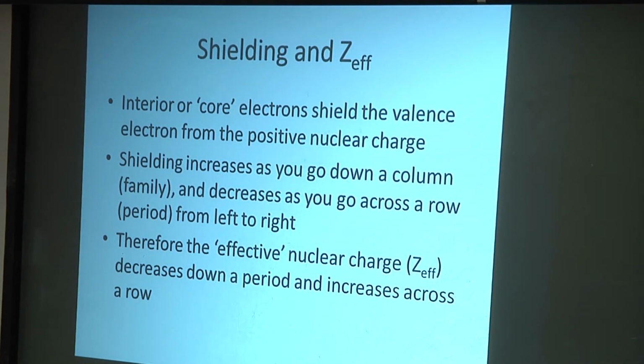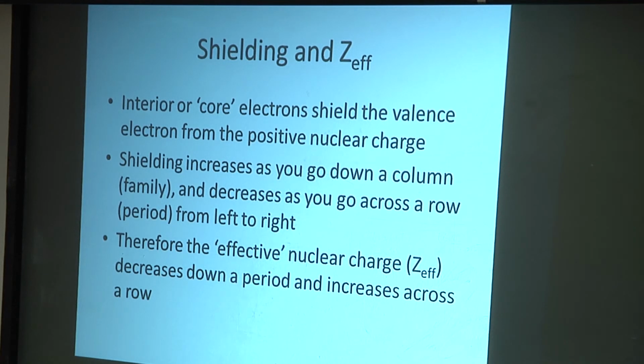So let's start with the easiest concept, because periodic trends has to do with the periodic table. As you go from small to big in a column, in a family, the shielding increases. The reason is you get more levels of n.